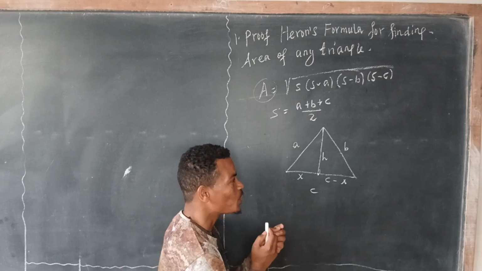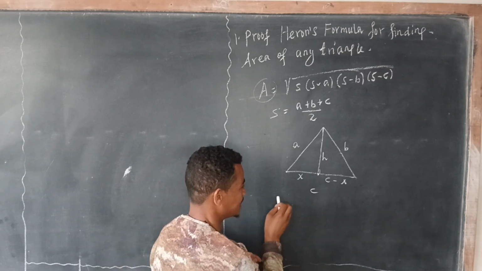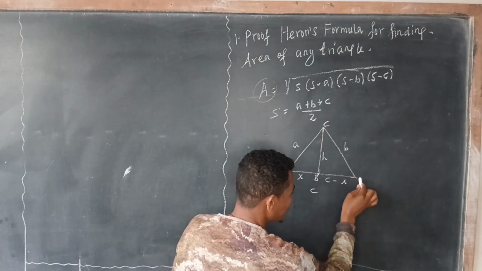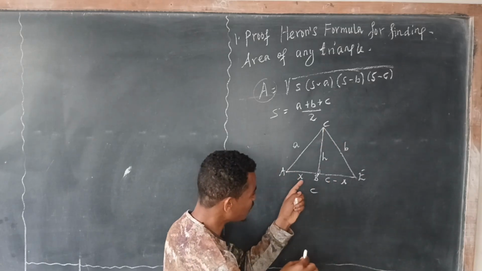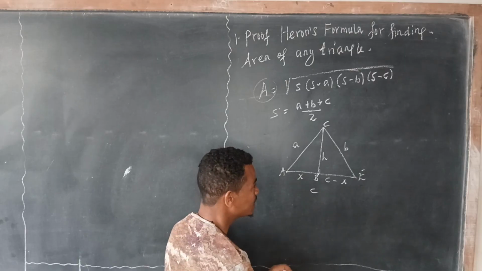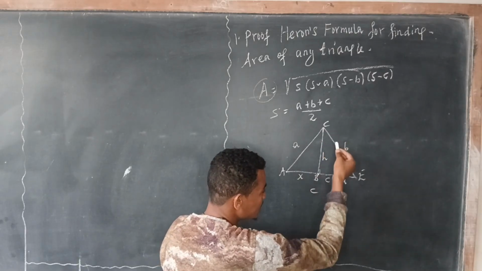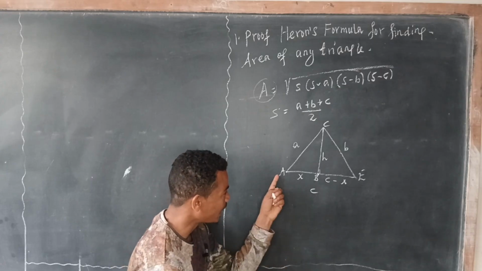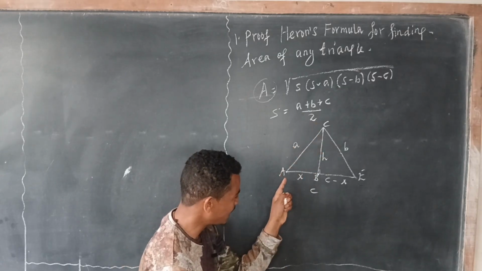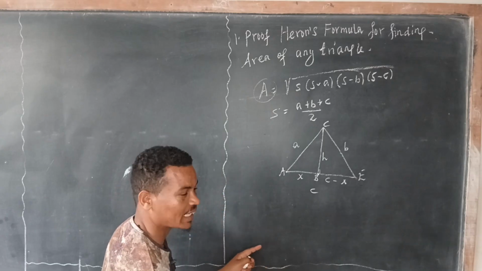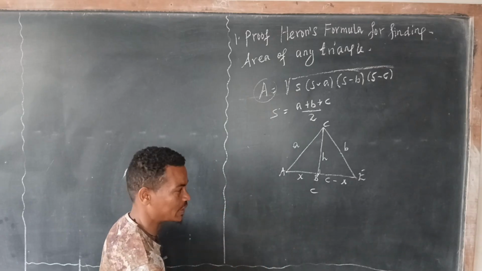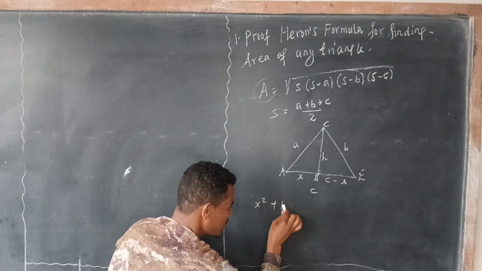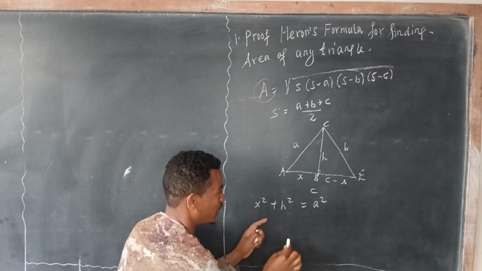Now there are two right angle triangles here. This one is a, this is b, this is c. Triangle ABE is a right angle triangle, and triangle BCE is a right angle triangle. When we consider the first triangle and use Pythagoras theorem, x square plus h square is equal to a square.